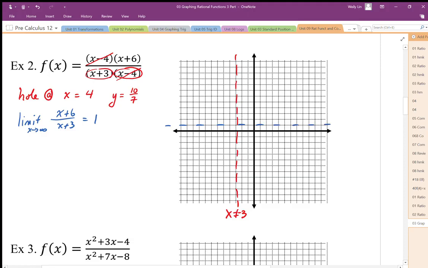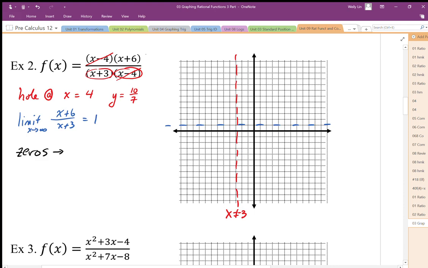At this point, I'm looking for points to help me sketch this graph, because I know it's either got to look like this or like this. There's a lot of detail we could interpret in this graph, but we're only going to get a few points. The points we're going to focus on right now are our zeros. The zeros come from the numerator.